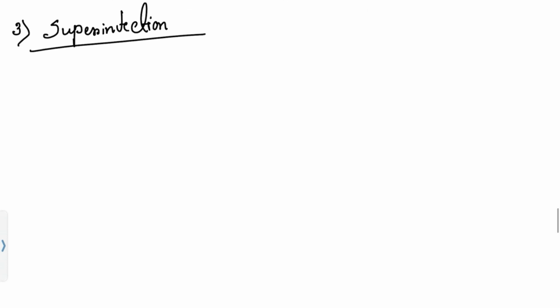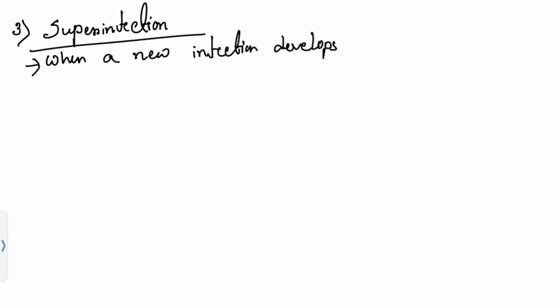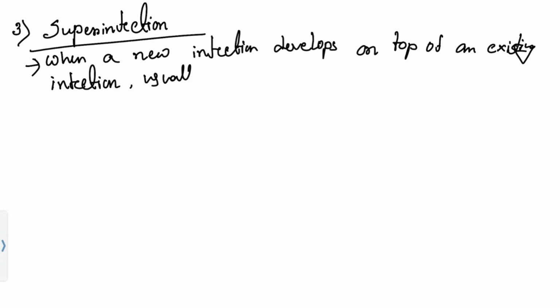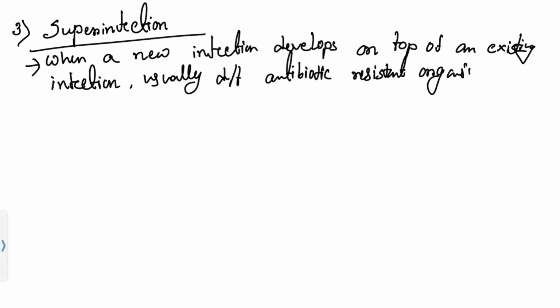Now what is superinfection? When a new infection develops on top of an existing infection, usually due to an antibiotic resistant organism after antibiotic use.